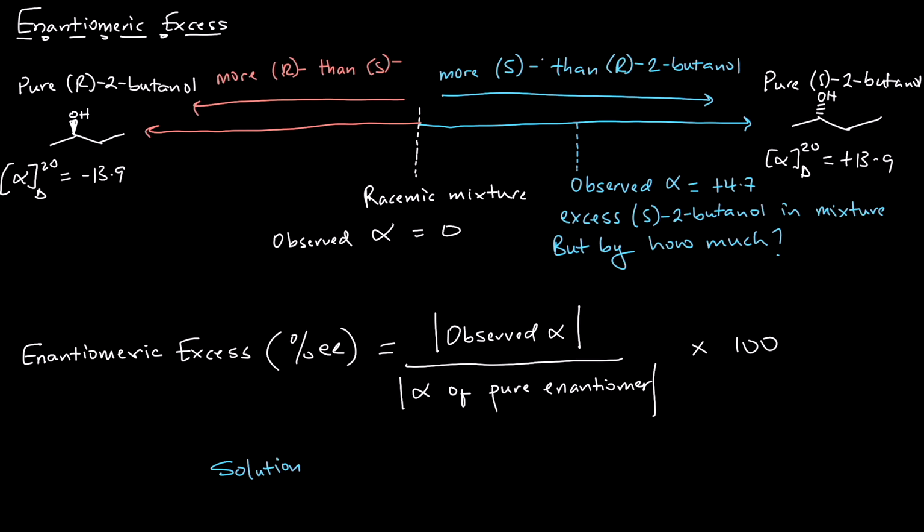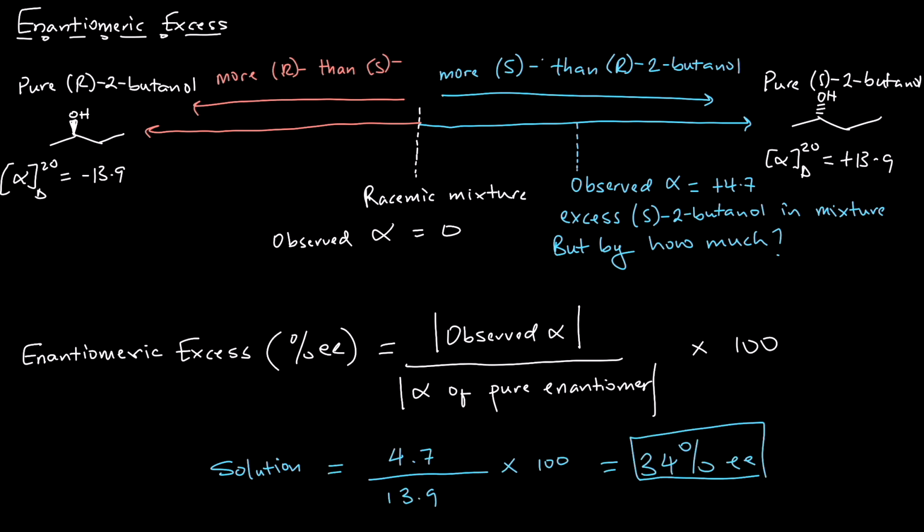So the solution to the above problem of a sample of S and R-2-butanol where the observed alpha is positive 4.7 gives an enantiomeric excess of 34%, which means you have 34% more S-2-butanol in this mixture.